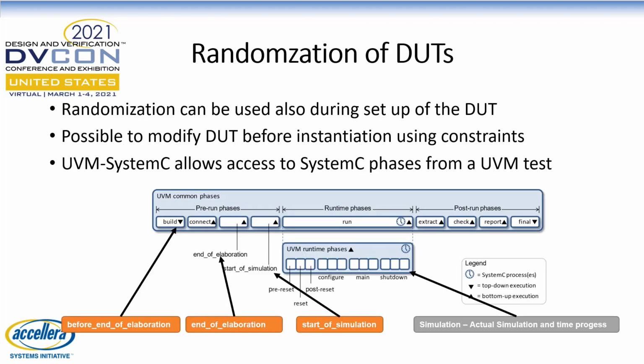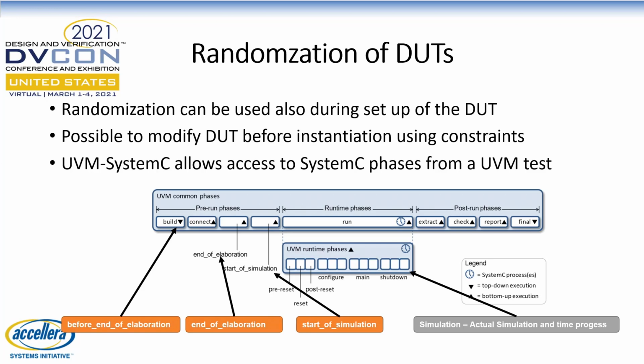Now I want to talk about another feature where CRAVE can be used in combination with UVM-SystemC. In UVM-SystemC, the UVM runtime phases are mapped onto the SystemC construction phases. So especially the UVM build phase is mapped on the SystemC before end of elaboration phase.